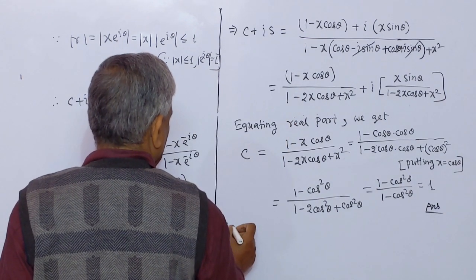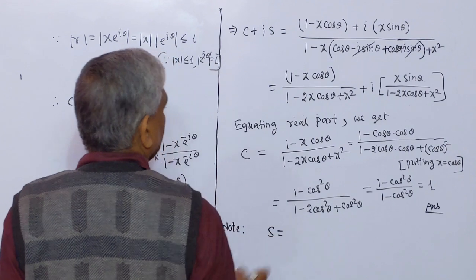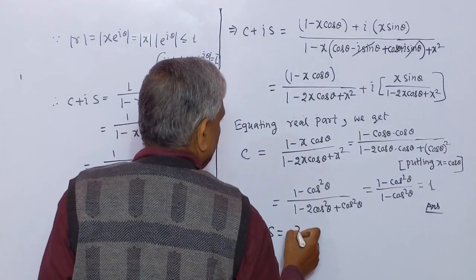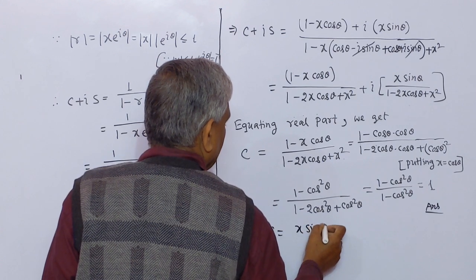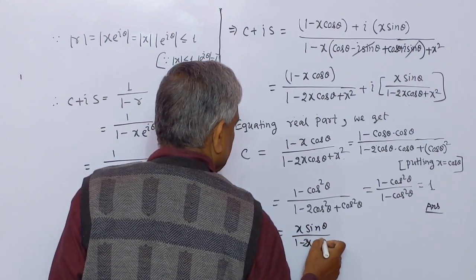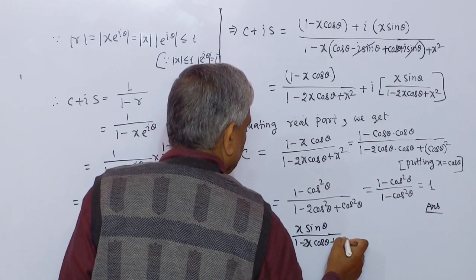Note, S will be equal to the imaginary part, x sin theta by 1 minus 2x cos theta plus x square.